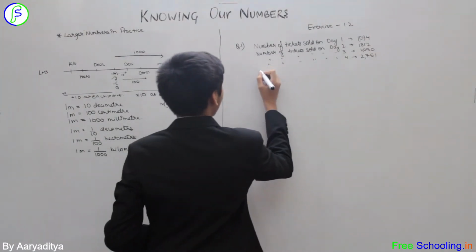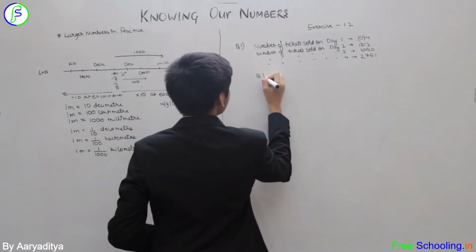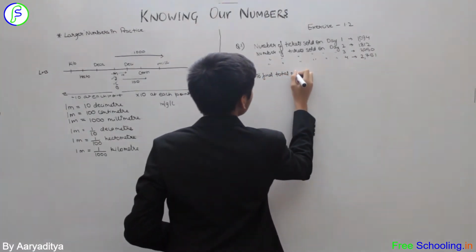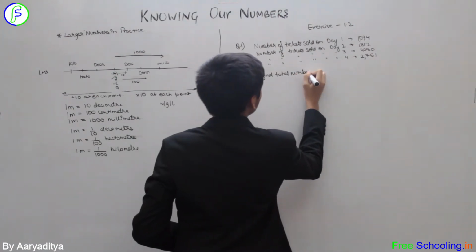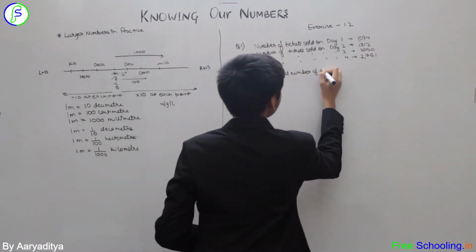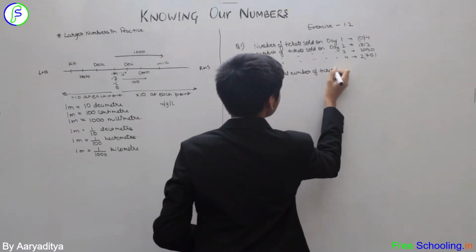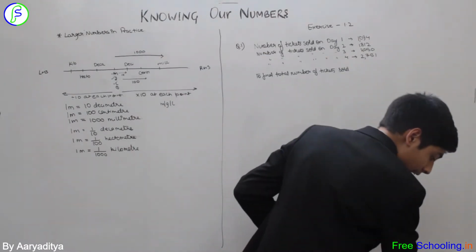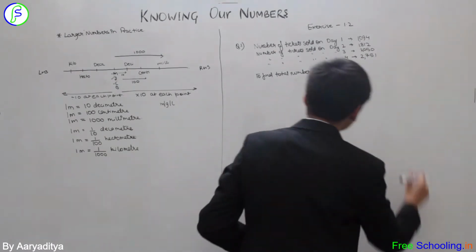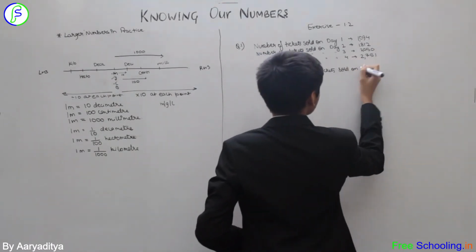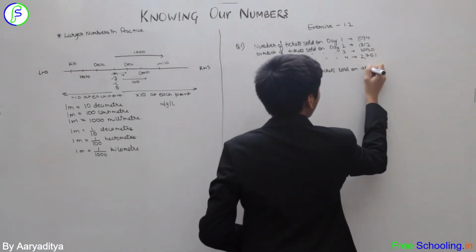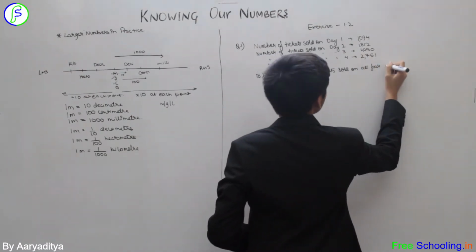The question asks to find total number of tickets sold on all 4 days.